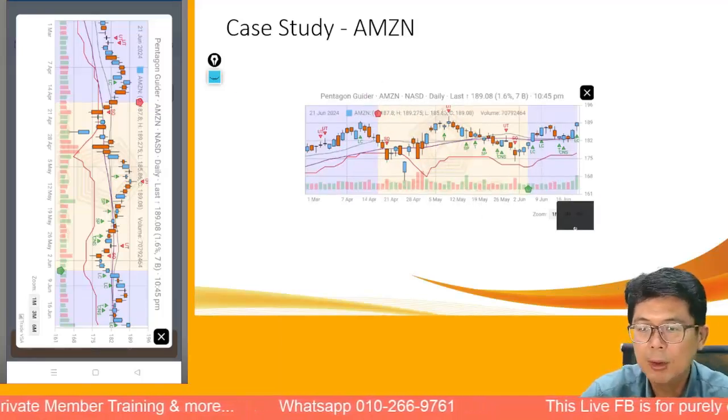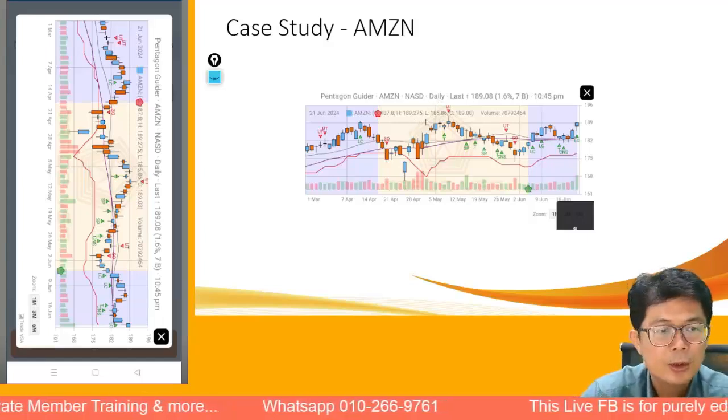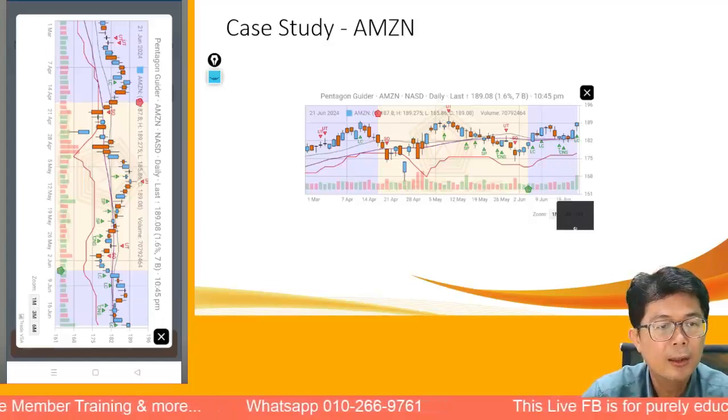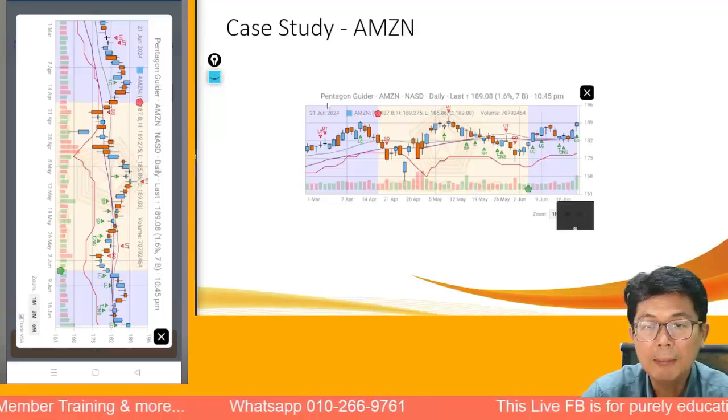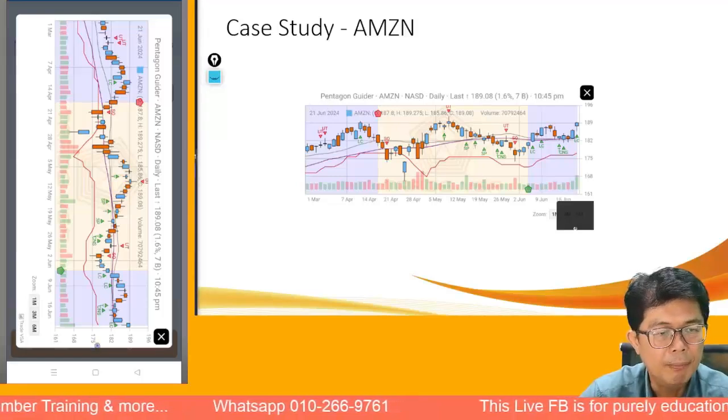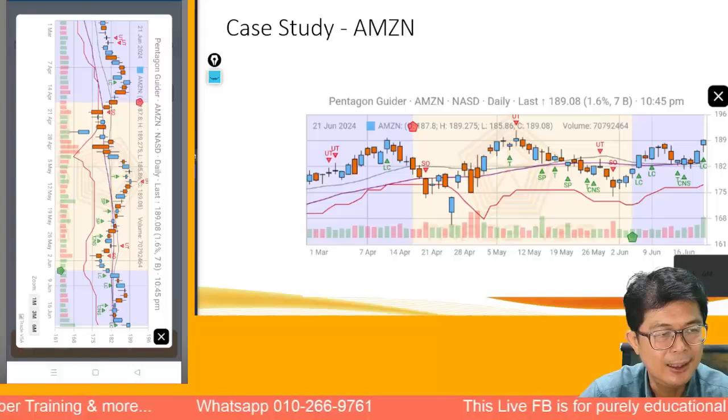All right, no doubt a bit smaller, but I think we can do with this. So you can see from this chart of Amazon, maybe still make it bigger, easier to see.